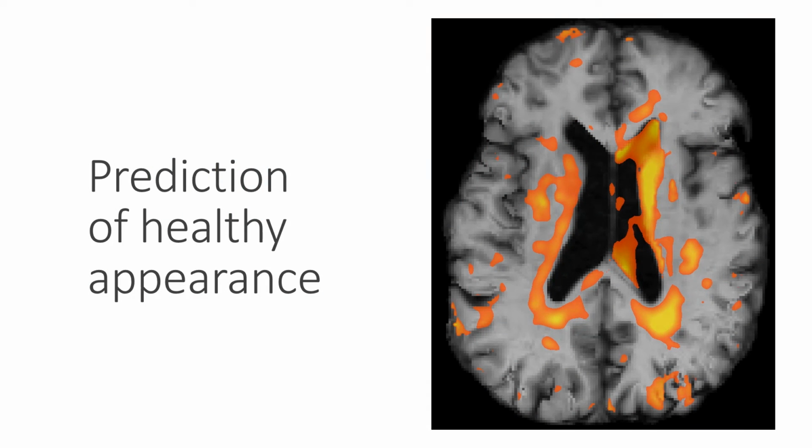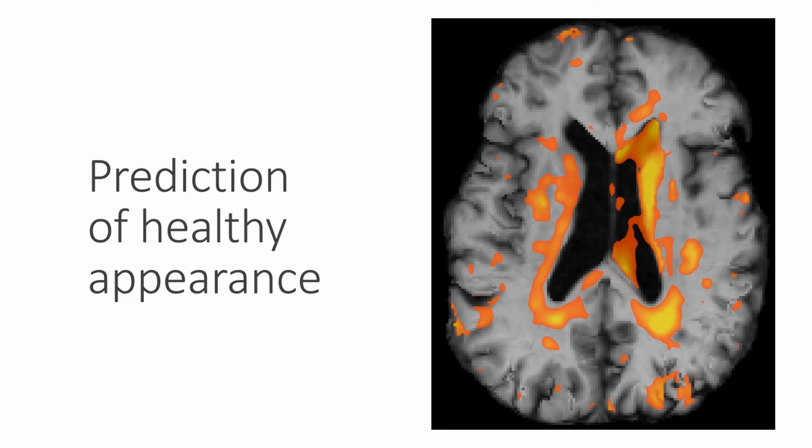For example, let's say that we get a patient with Alzheimer's at their first scan. We can train our model on just healthy subjects and predict what this patient's follow-up scans would look like if they were healthy. Here we can see a predicted healthy image, and the overlay shows significant differences from the real follow-ups.